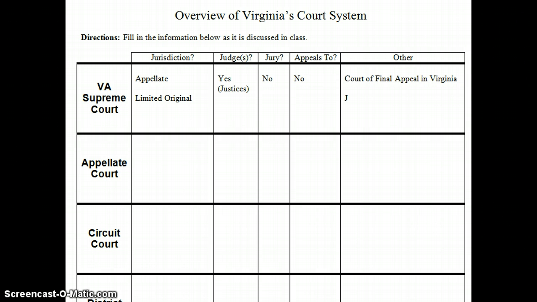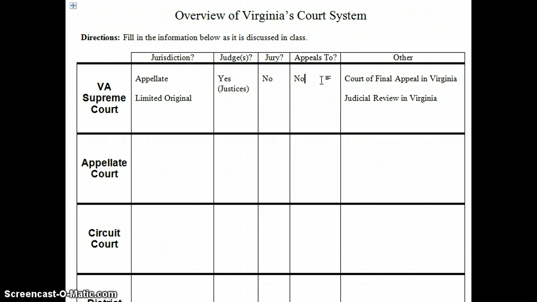And the Virginia Supreme Court also has judicial review in Virginia. So, just like the U.S. Supreme Court can declare laws that Congress makes or actions of the President to be unconstitutional, the Virginia Supreme Court can declare that laws made by the General Assembly and actions of the governor are unconstitutional.